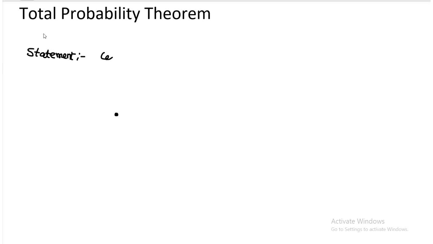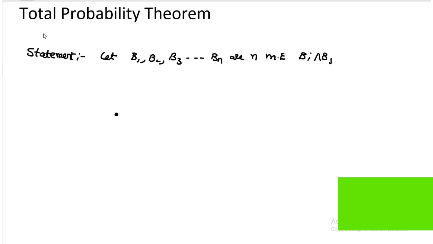Let b1, b2, b3 and so on up to bn be n mutually exclusive events, meaning bi intersection bj is equal to phi, where i is not equal to j.